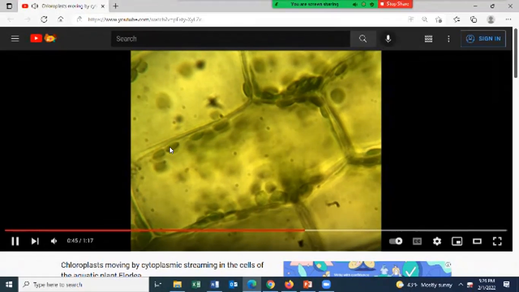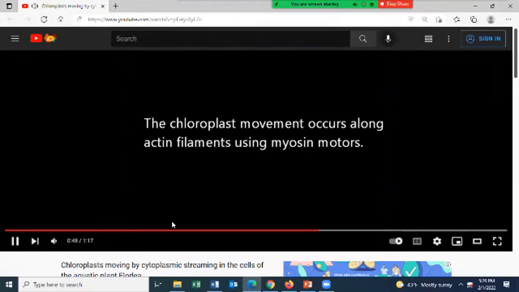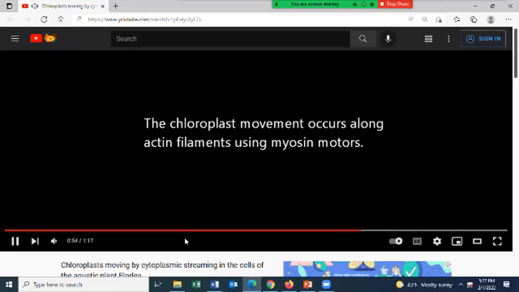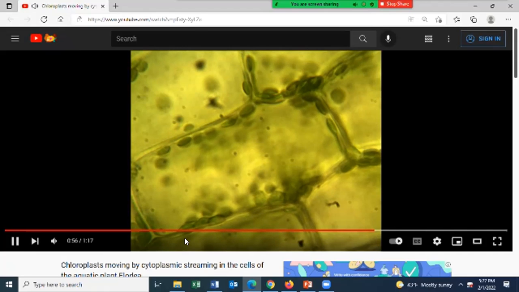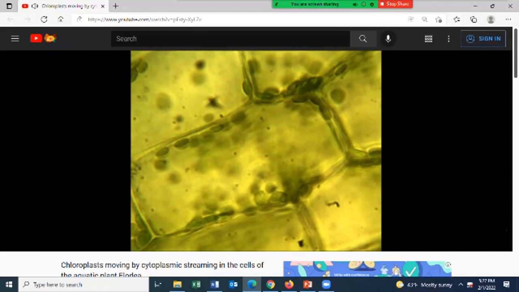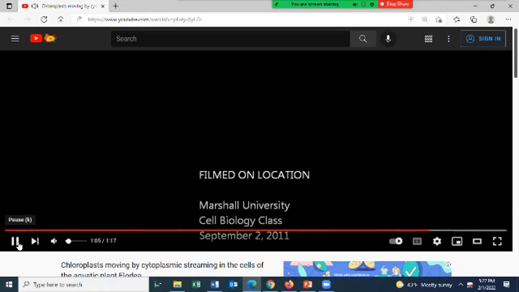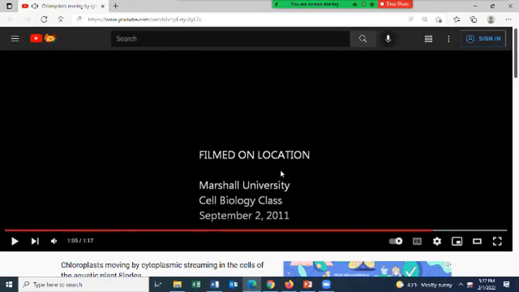So there's chloroplast moving. Can't really make out the central vacuole, but it's most of the cell. Any questions?